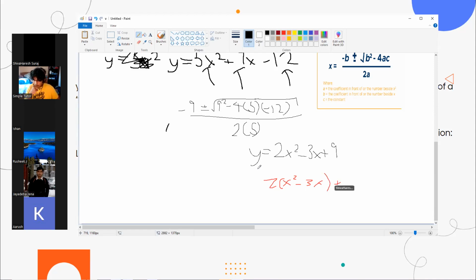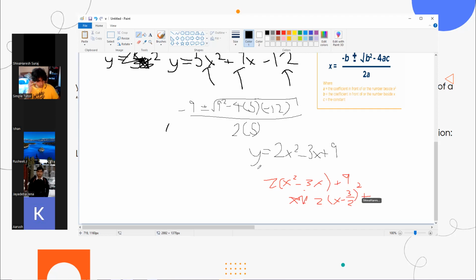The x value is 3/2, because I made it into a square equation: 2 times (x minus 3/2) whole squared plus 9.